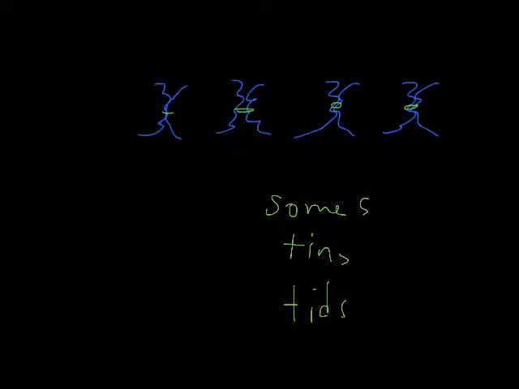One last example. Right here we have how many somes, how many tins, and how many tids. So how many chromosomes, chromatin, and chromatids. There are 4 chromosomes there. 1, 2, 3, 4.